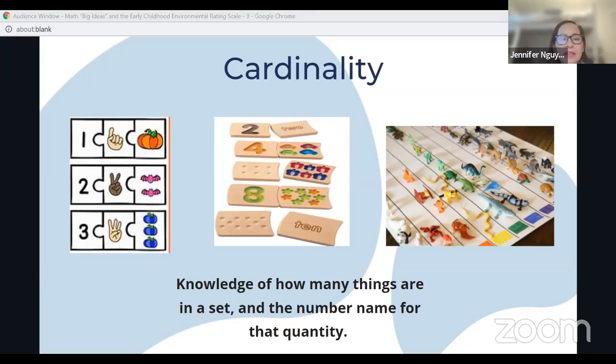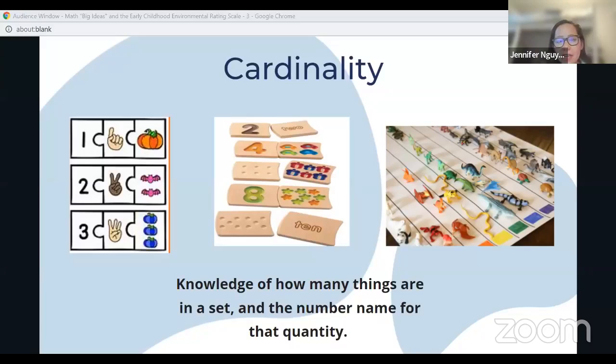There's that puzzle again in the middle. So a lot of math materials have multiple purposes, where you can teach multiple big math ideas and concepts with just one material. And then on the right, that might be for an older or more advanced child, but you're sorting, you're graphing, and you're wondering how many green dinosaurs are there in our classroom.